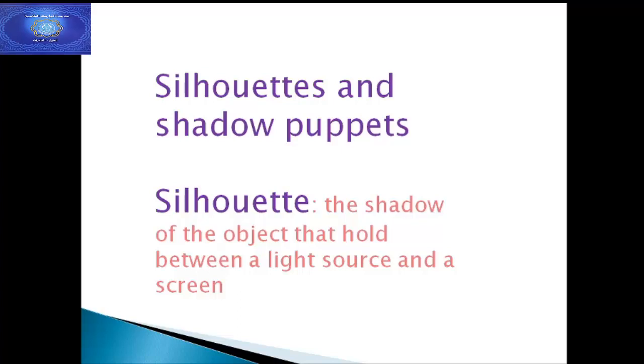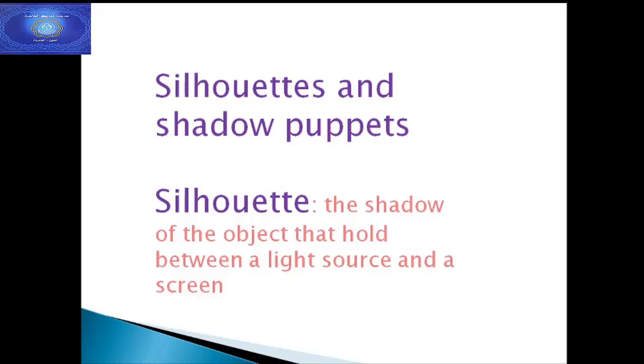What is the meaning of silhouette? A silhouette is the shadow of an object that is held between a light source and a screen. The shadow or the image is called a silhouette. Shadow puppet. What is the meaning of shadow puppet?